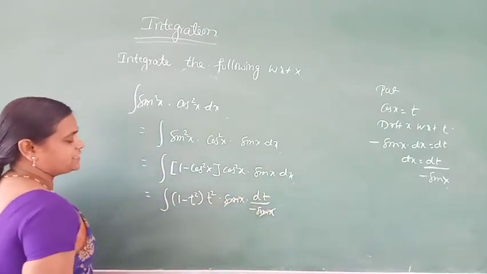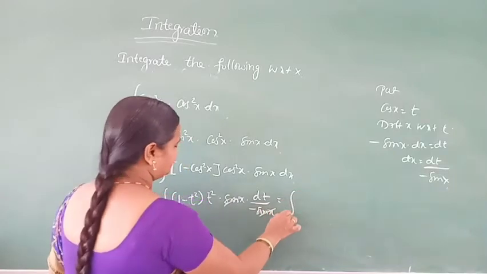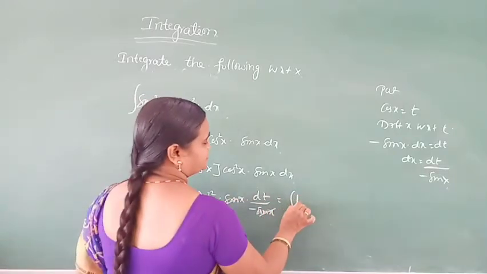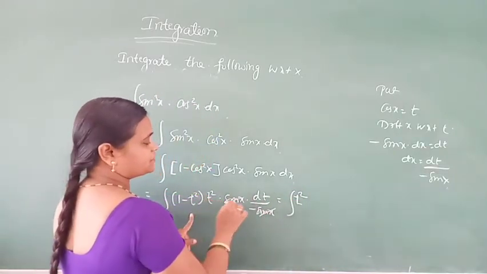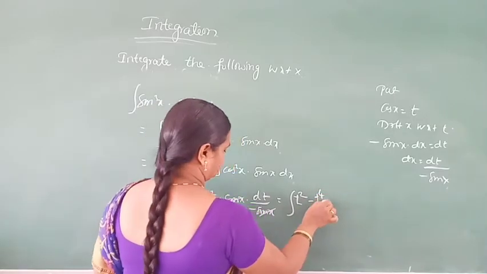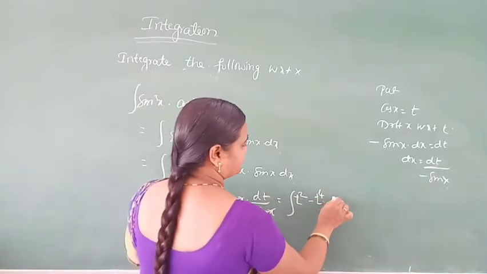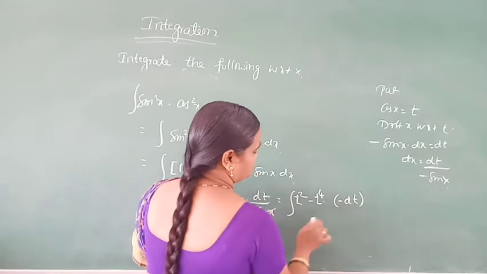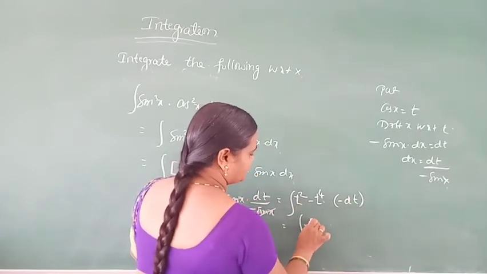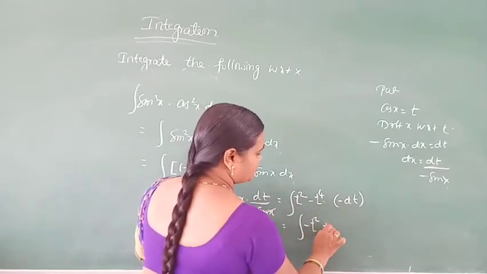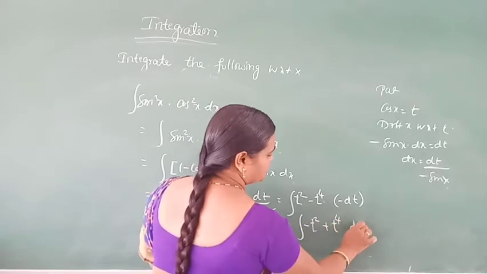Sin x gets cancelled, multiply, we get t square into t square is t to the power 4, with minus sign, minus dt. Multiplying the minus sign, we get minus t square, minus into minus becomes plus t to the power 4 dt.